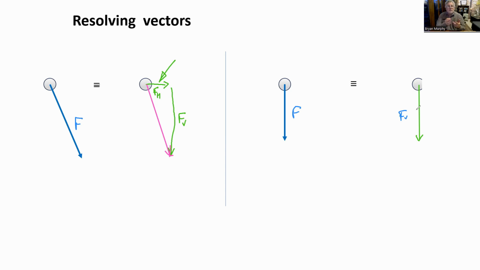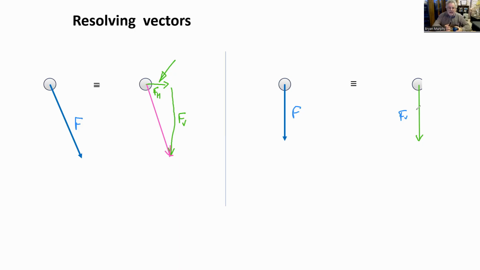When something goes around a circle, there is no component of the force in a certain direction, but more of that with circular motion.